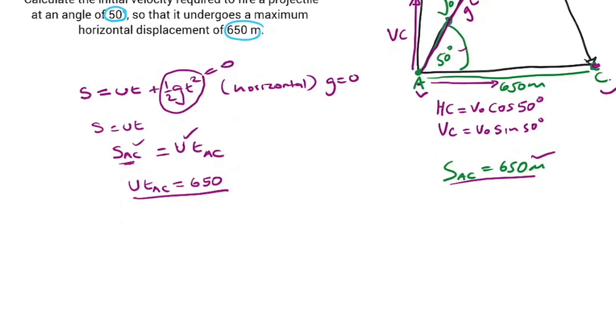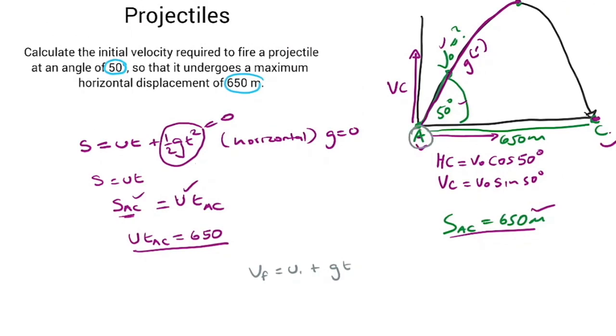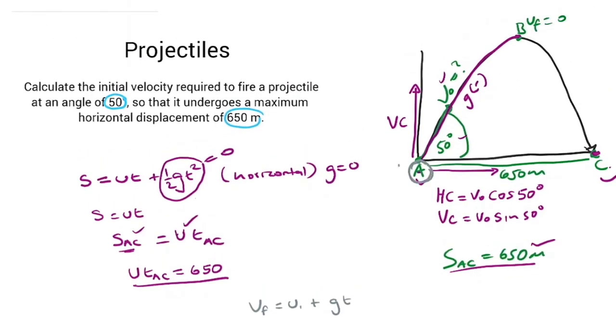Now let us calculate the time. The equation of motion to find time is final velocity is equal to initial velocity plus gt. Since we're looking for the time it takes from A to B, we use g as negative, the final velocity is 0, and the initial velocity is the vertical component.